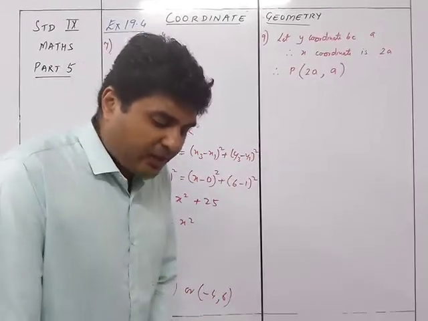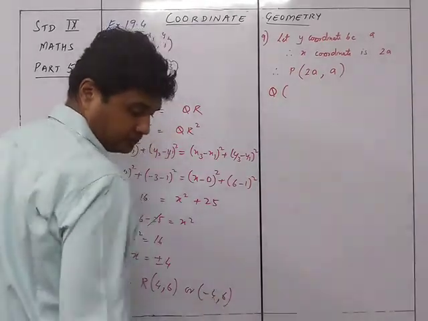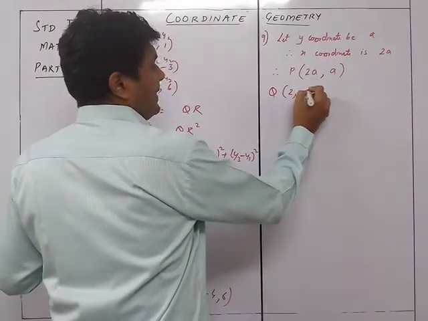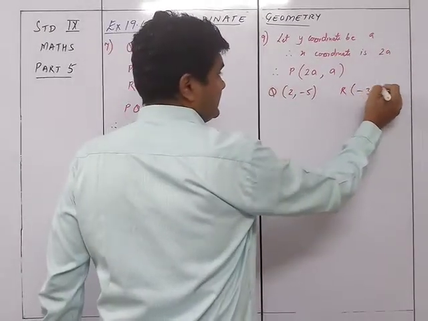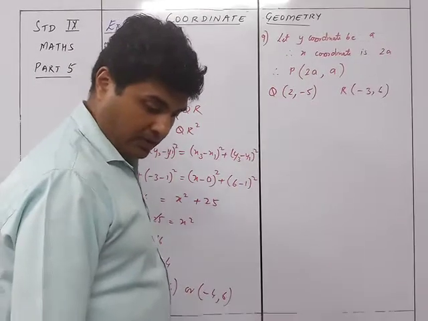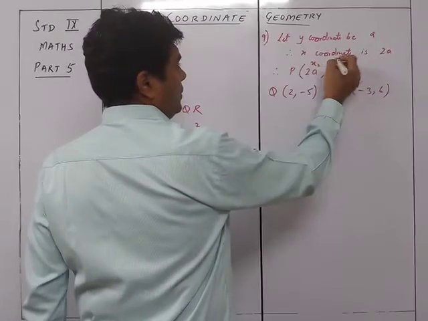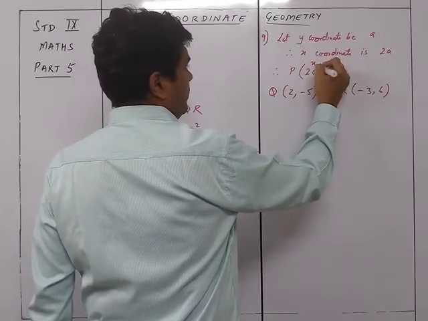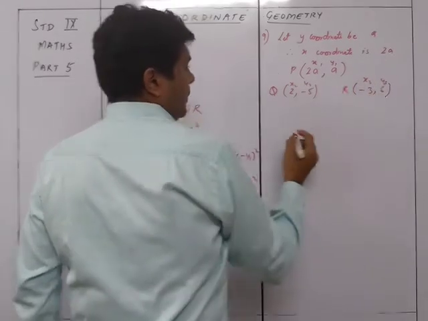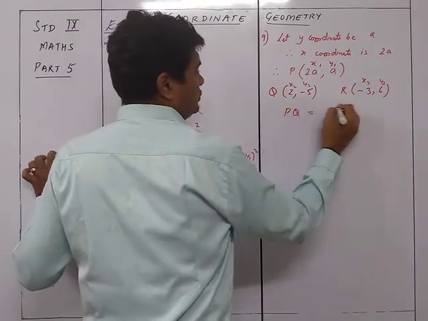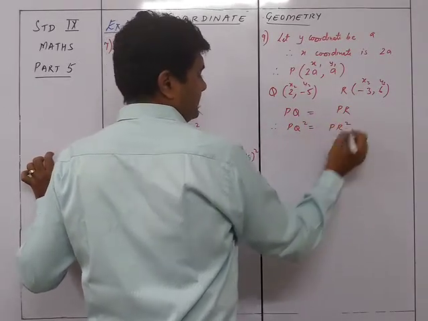Next they are given that P is equidistant from Q and R. Q is (2, -5) and R is (-3, 6). Then find the coordinates of P. So we have x1, y1, x2, y2, x3, y3. We are already given that PQ is equal to PR. Therefore, PQ square is equal to PR square.